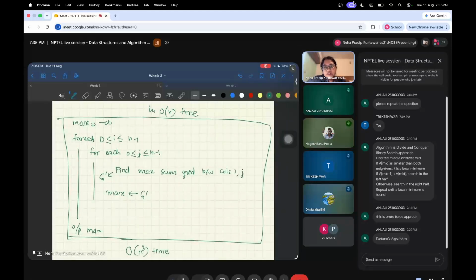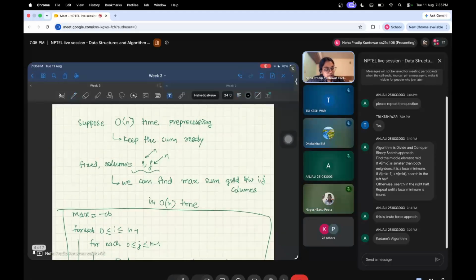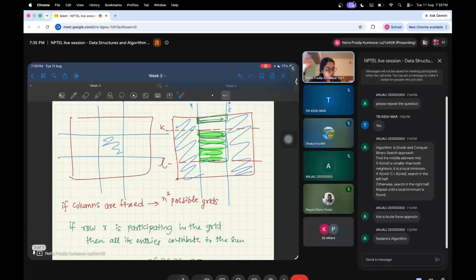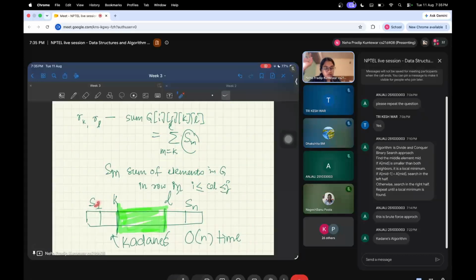So right now if I use more space, what I can do is in one scan itself I will keep all these sums ready with me. So how much space does that take?